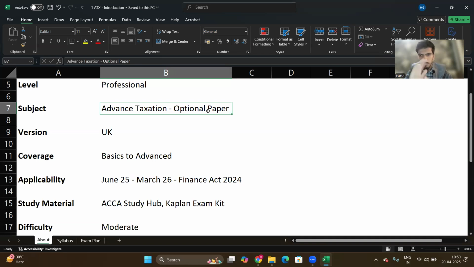ACCA gives you the flexibility to choose any two papers out of four options. We have APM, AFM, AAA, and ATX.